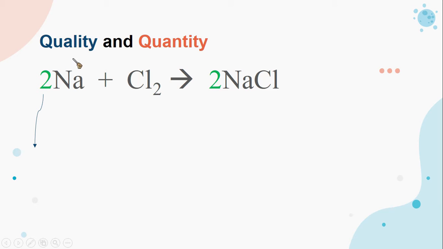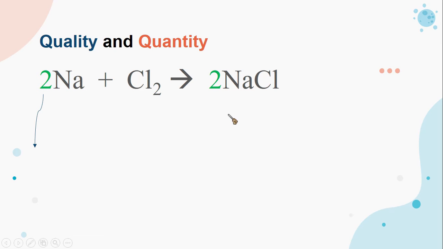Okay, so in terms of quality, we can determine the reactants and the products in an equation, and in the reactant we can know the substances that are present in the reactant and also the substances that are present in the product. So now can I have somebody determine which side is reactant and which side is product?